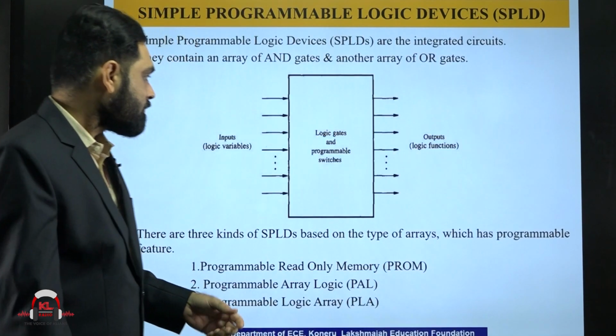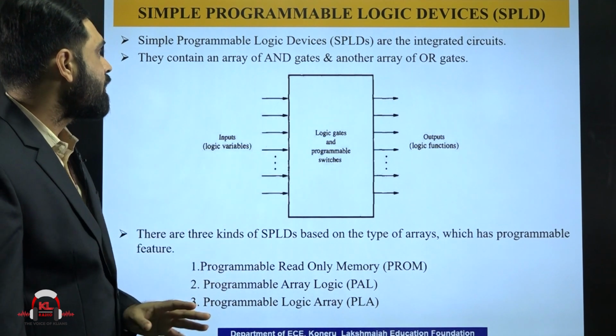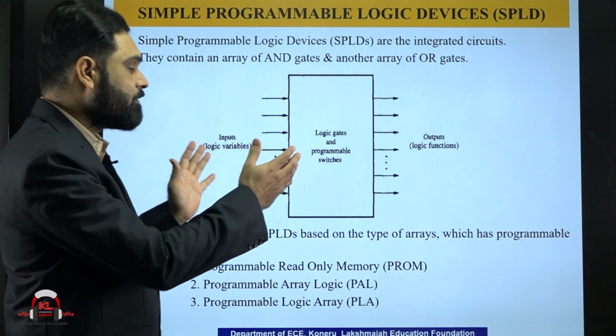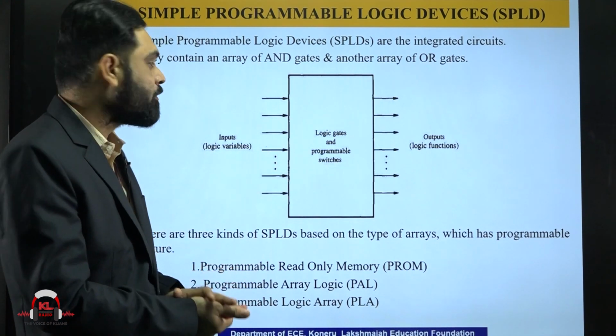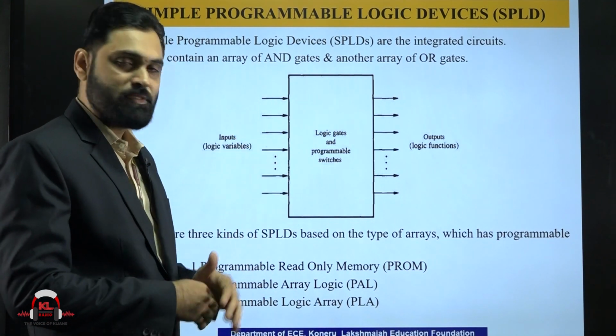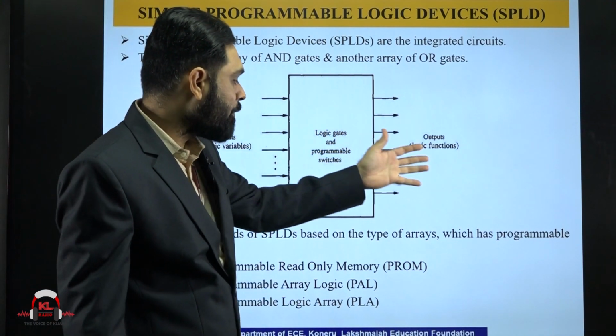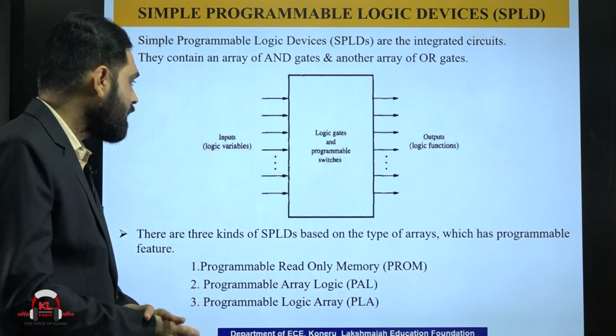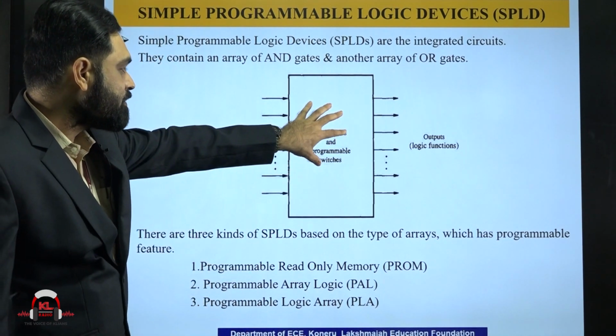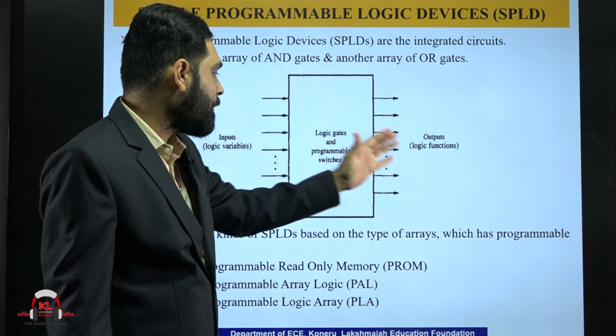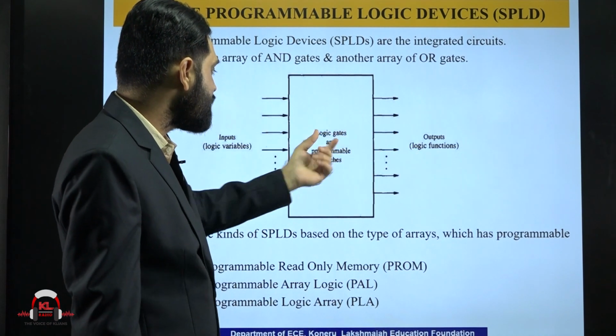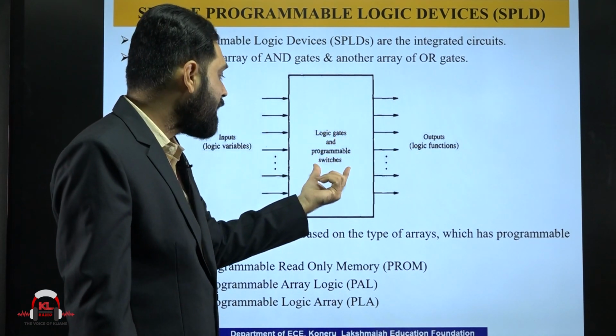Next, a programmable logic device will be like this. I am showing the block diagram to you. It consists of a number of inputs and a number of outputs, and in between, apart from inputs and outputs, the internal things are so many logic gates and programmable switches.